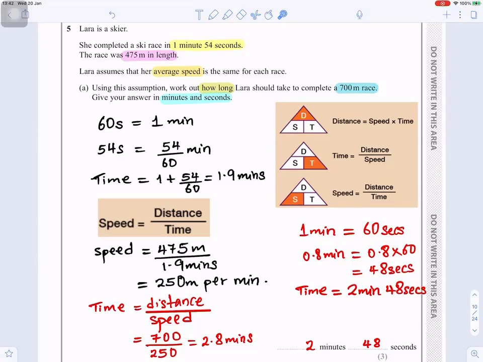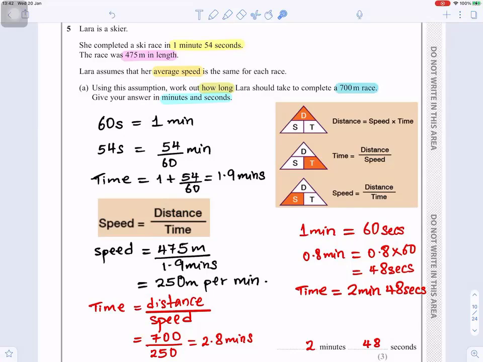The way I remember it is speed is sausages, don't talk. Speed is distance over time. So the distance is 475 meters and the time is 1.9 minutes. 475 divided by 1.9 gives you 250 meters per minute.